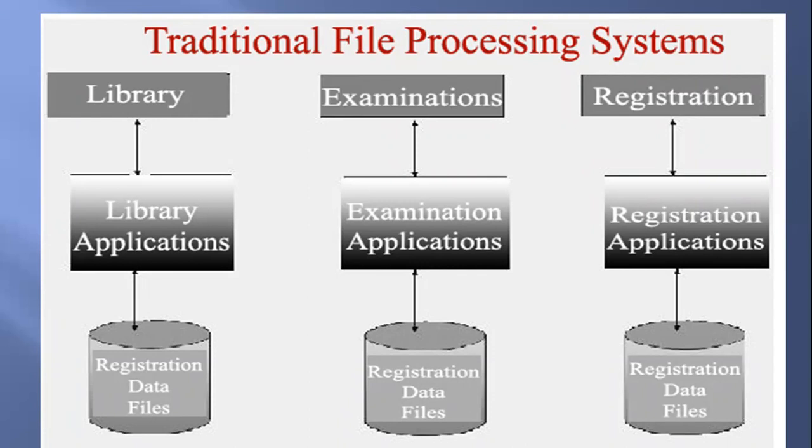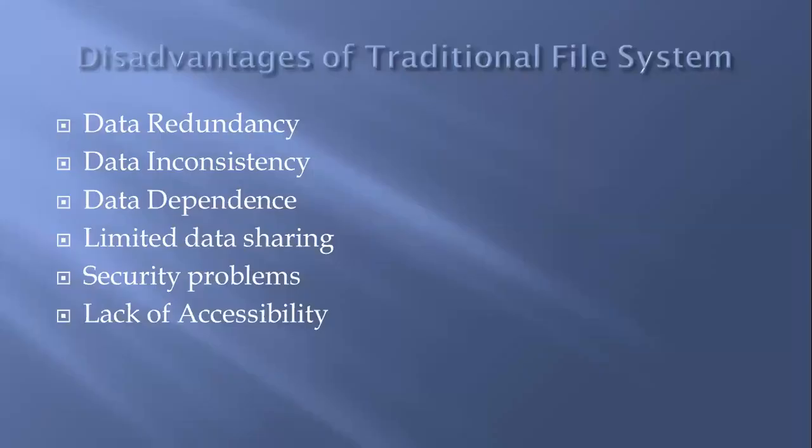And we can see a few disadvantages associated with the traditional file system, also called the flat file system. Data redundancy: each application has its own data file, so the same data may have to be recorded and stored many times.